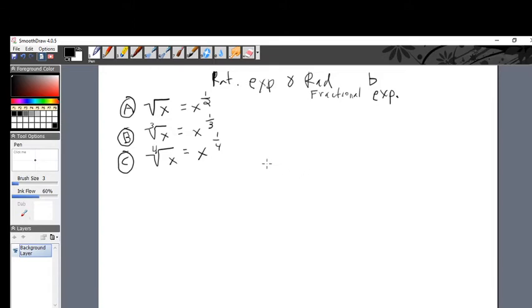Okay, now let me proceed to ask a question. Problem number 1. What is negative 1,000 to the 1/3 power? That looks a little daunting at first, but don't forget, the 1/3 power is exactly like saying the cube root of negative 1,000.